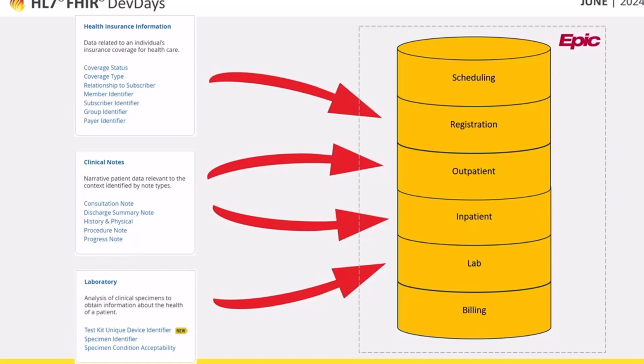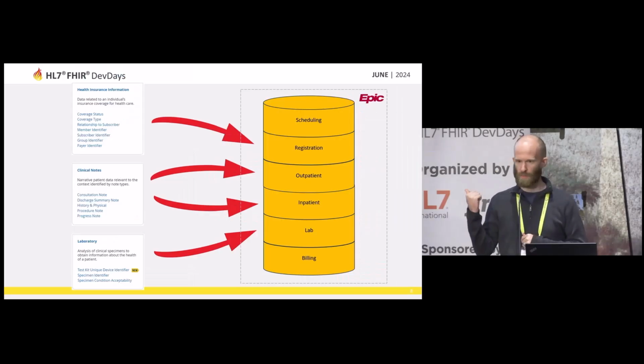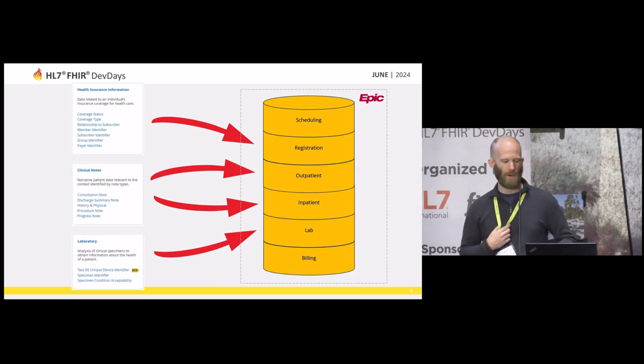Epic is the EHR, we have scheduling, registration, outpatient, inpatient, lab, billing, all of those are done in Epic. So when you're querying for USCDI data, for example, or AUCDI or MedMij content or whatever, you'll get that in the FHIR API. This is a pretty common deployment pattern where you can expect to get most USCDI from the FHIR API, but it's not really the only pattern.